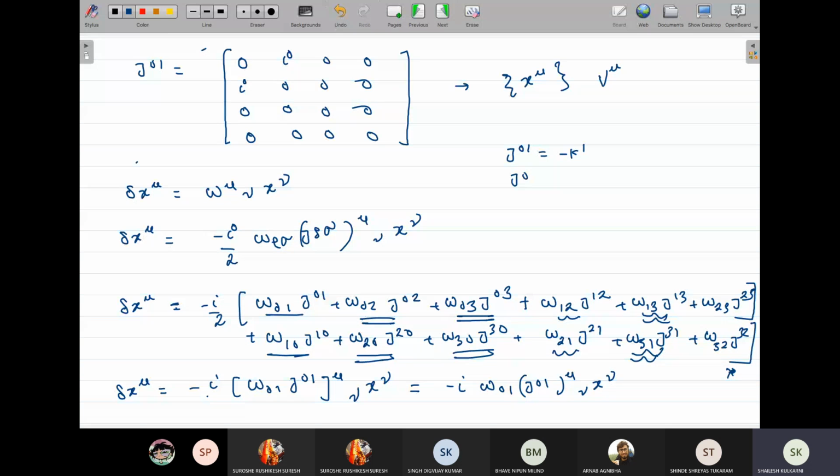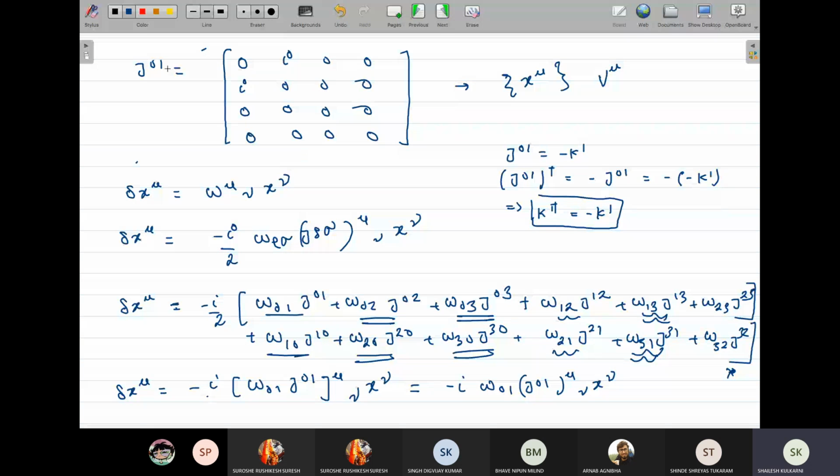What is J_01 dagger? It is the dagger of this, so there will be an i replacement and a minus sign. So there will be minus of J_01, which is minus of minus K_1. Clear? Therefore, K_1 dagger is equal to minus K_1. So the boost generators are anti-Hermitian.